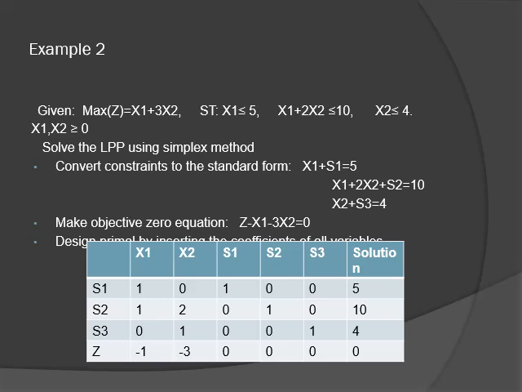S3 consists of x2 and s3 and the solution only. There is no x1, no s1, no s2, so the contents of this row are 0, 1, 0, 0, 1, 4. Z equals negative 1, negative 3, and the remaining entries are 0.